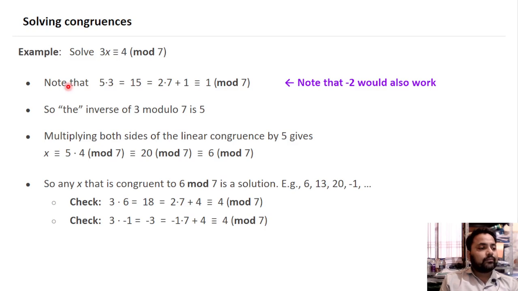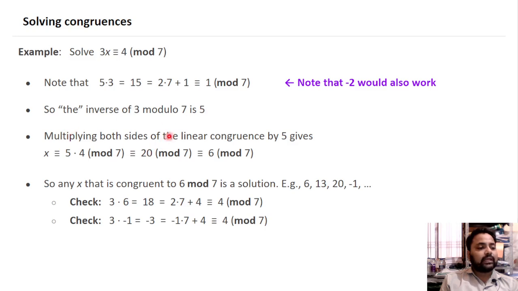Here you have to see that by the division algorithm, 5 into 3 equals 15 is equal to 2 into 7 plus 1, which is congruent to 1 mod 7. This is the important point. And the inverse of 3 modulo 7 is 5.